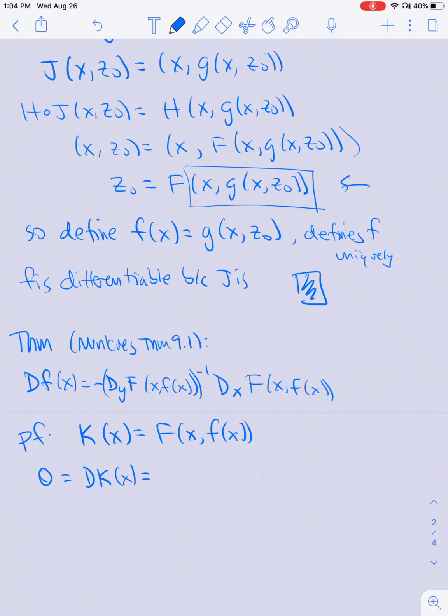And now by the chain rule, I get that the derivative of the right-hand side is df at x, f of x, and then d of the function which sends x to x, f of x. So when I actually write that down as a matrix, it's going to be the n by n identity matrix and then df at x.